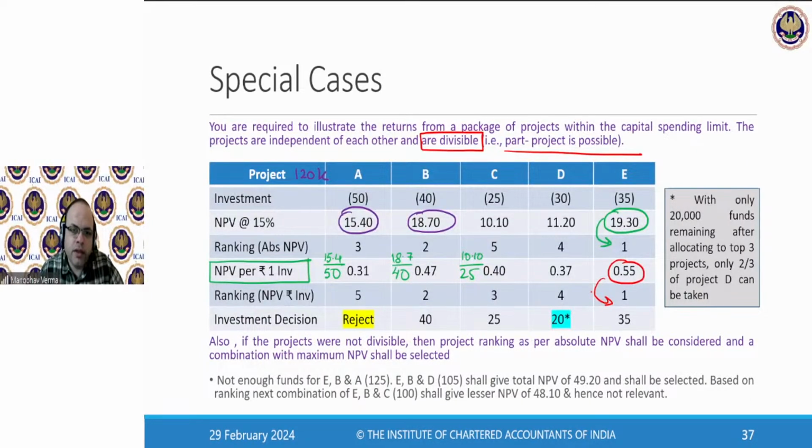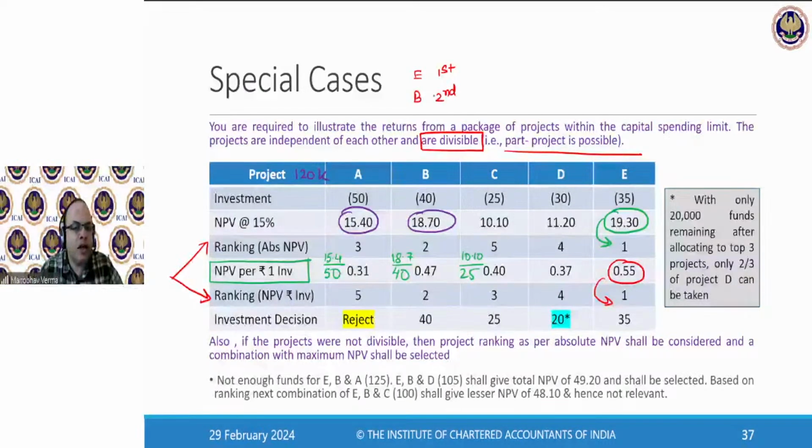However, you need to understand that all the projects' ranking may not be the same. The ranking as per the project's absolute NPV or as per the per rupee investment is not the same here. The sequence gets changed, especially with respect to the third ranking. First and second are the same: both methods say E is number 1 and B is number 2.